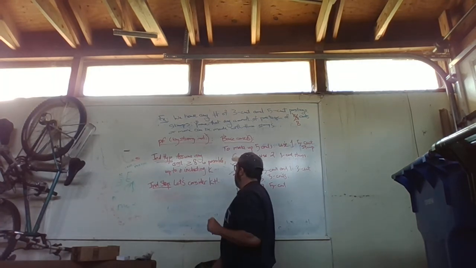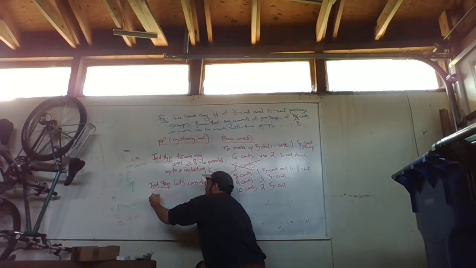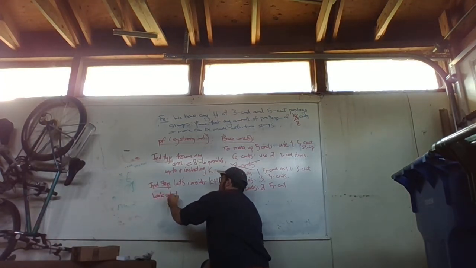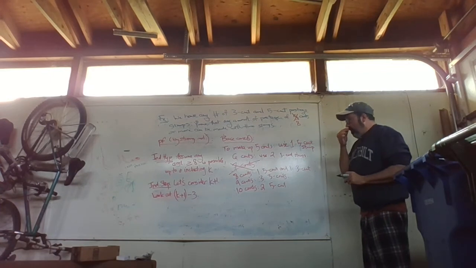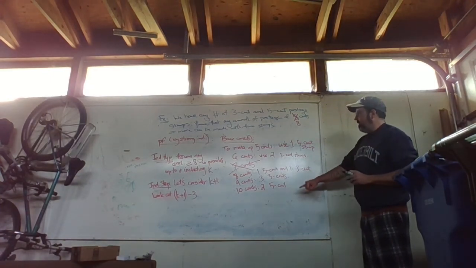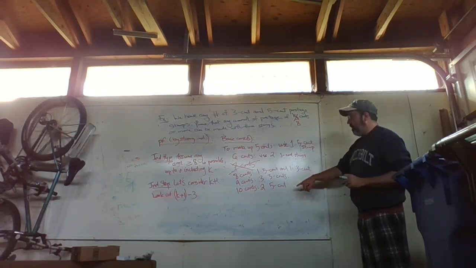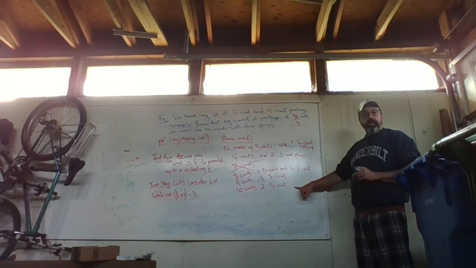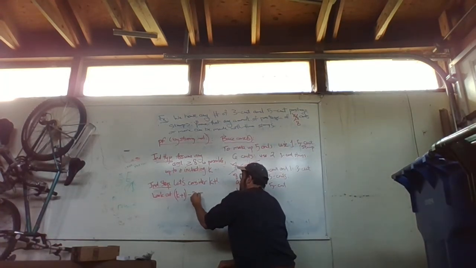Let's consider it this way instead. Consider k plus 1, and let's look at k plus 1 minus 3. We might as well assume that k plus 1 is greater than or equal to 11 because we've already proven these cases here. So k plus 1 minus 3 is equal to k minus 2.